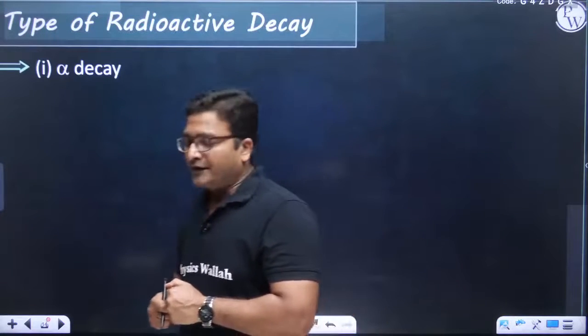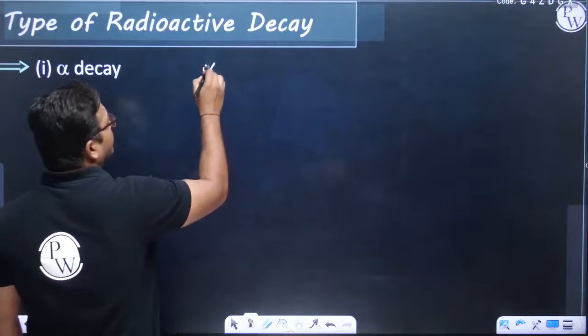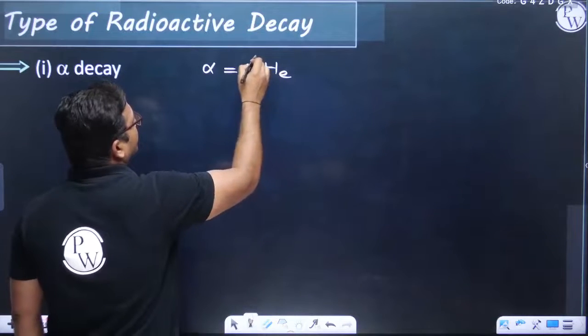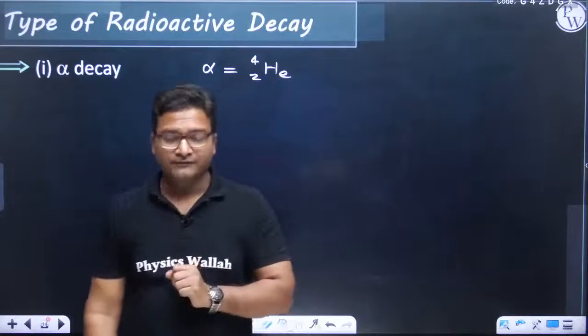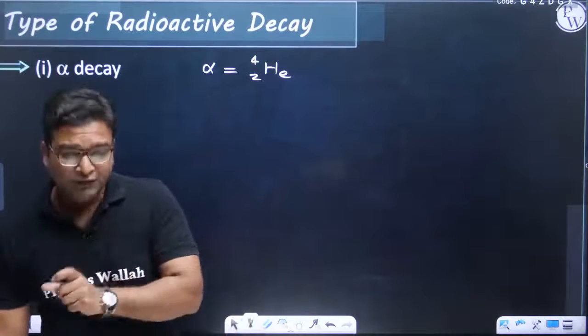What is an alpha particle? You all know that an alpha particle is actually a helium nucleus, having mass number 4 and number of protons 2. The number of neutrons is also 2. Can you see it has 2 protons and 2 neutrons?